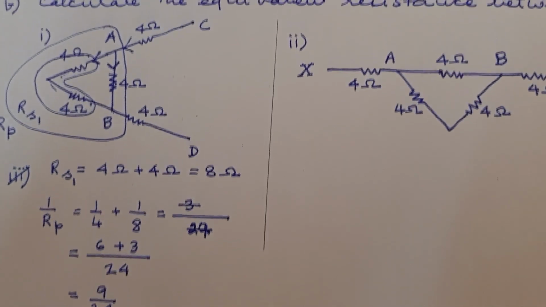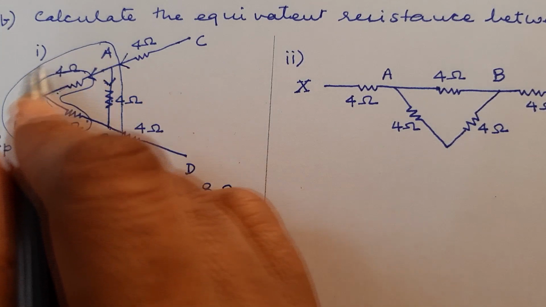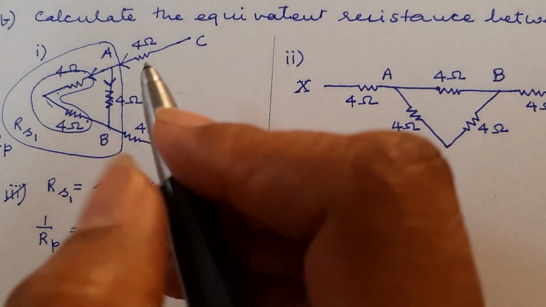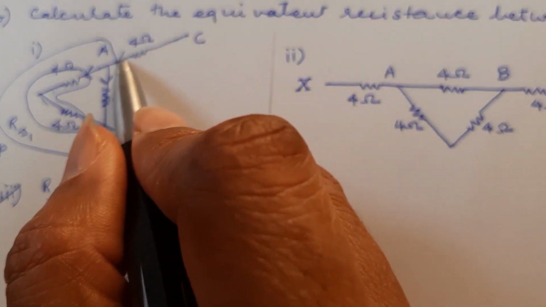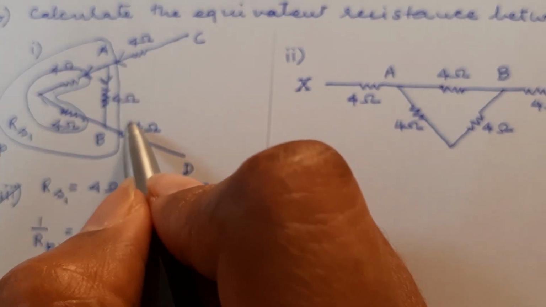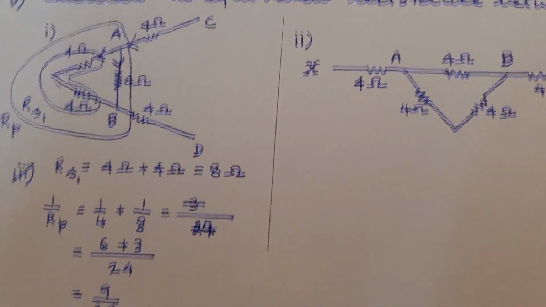Now let us look at the diagram once again. So this full thing here is going to be equal to 2.67. Now from C, this 4 ohm and this Rp and this 4 ohm, they are connected in series.